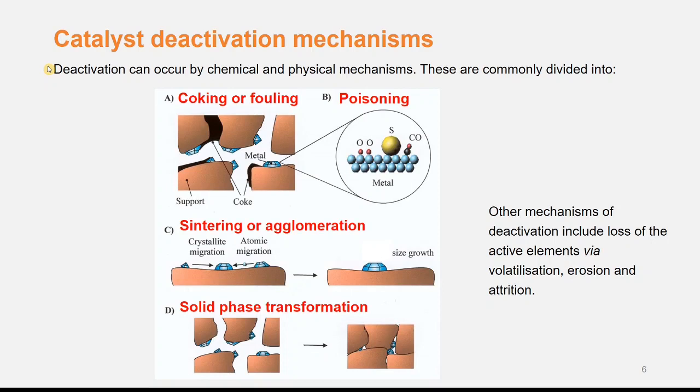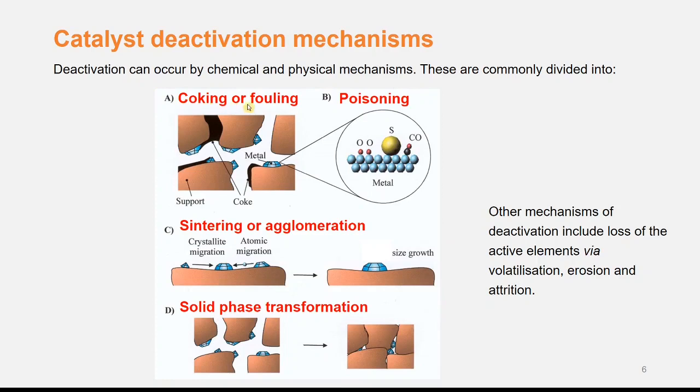In order to understand the processes of catalyst deactivation, we need to look at the mechanisms by which this can occur. As I said earlier, this can be either chemical or physical mechanisms, which are typically divided into four main types.